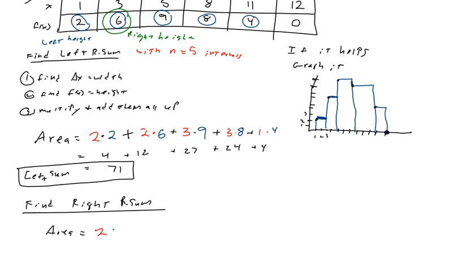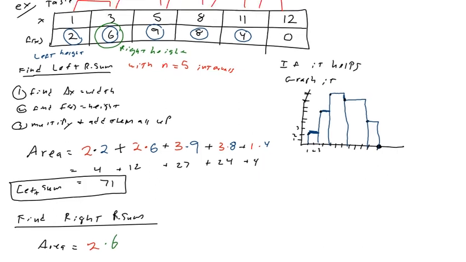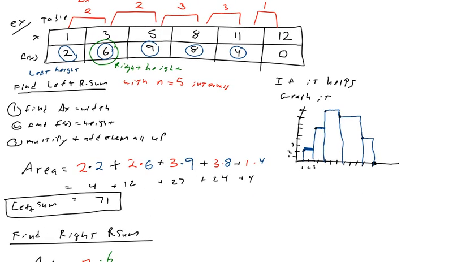We didn't use the last one because there were no more rectangles, right? We use the left side height for each rectangle, and we didn't need to use this last number because we already had a height for this rectangle. We already had the 4 here as the height of the last rectangle.